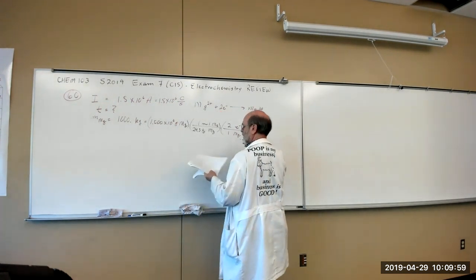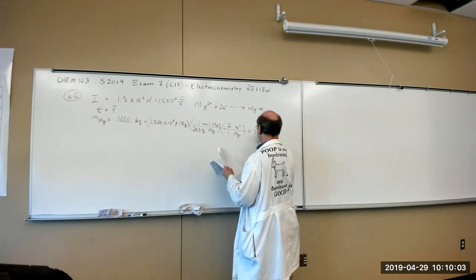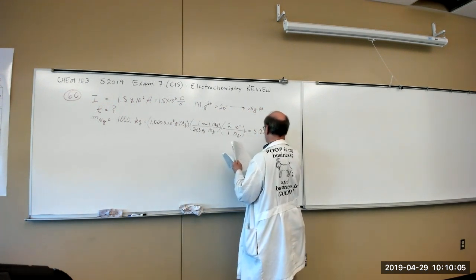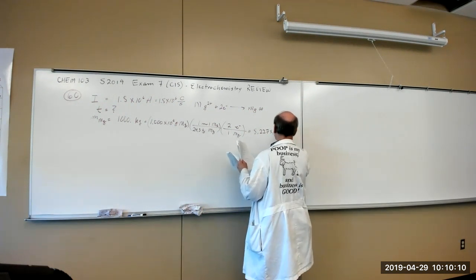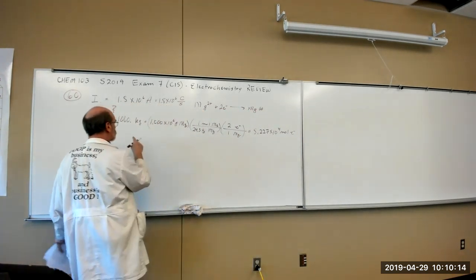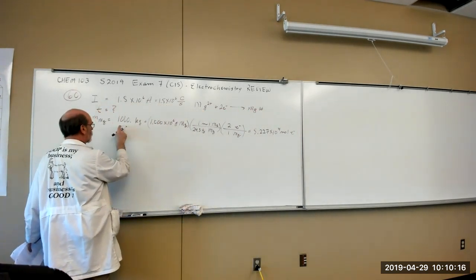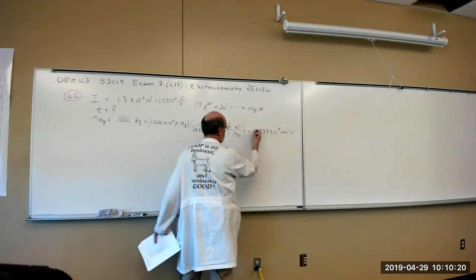And at this point, let's find out what that value is. That's how many moles of electrons have to be transferred in order to produce 1 metric ton of magnesium. That many electrons. Is that what your N is up there?